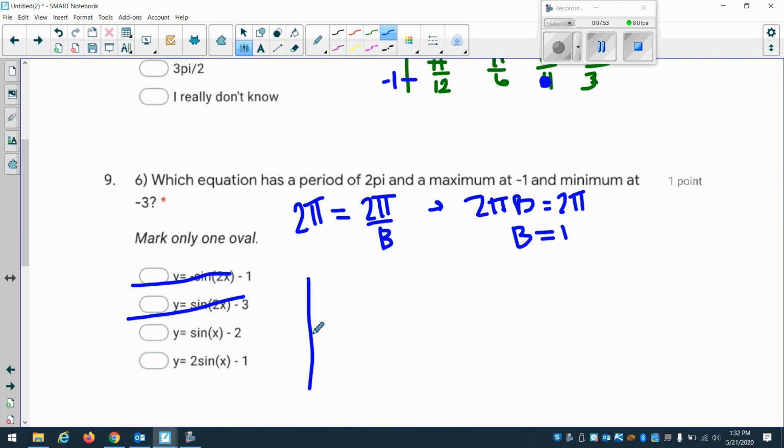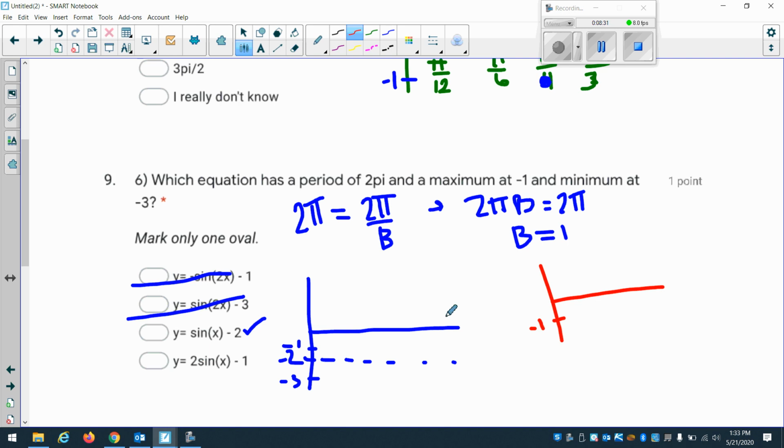Well, try graphing them both. So you have -2 as your midline. Your amplitude is 1, so -1 and -3. Okay, so -1 will be your maximum, -3 will be your minimum. So right now, this one is looking like the correct equation. But if I show you this one here, you're starting at -1 as your midline, but your amplitude is 2.